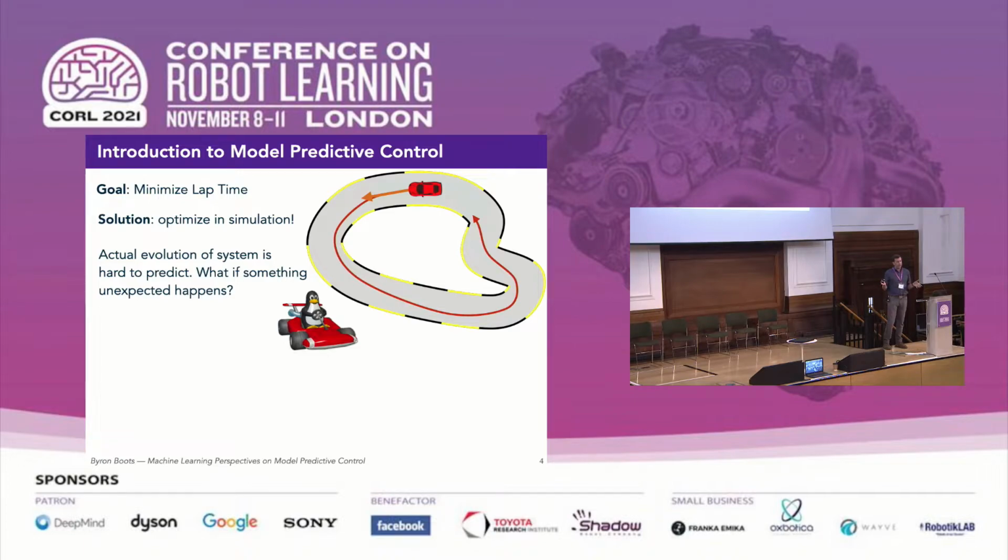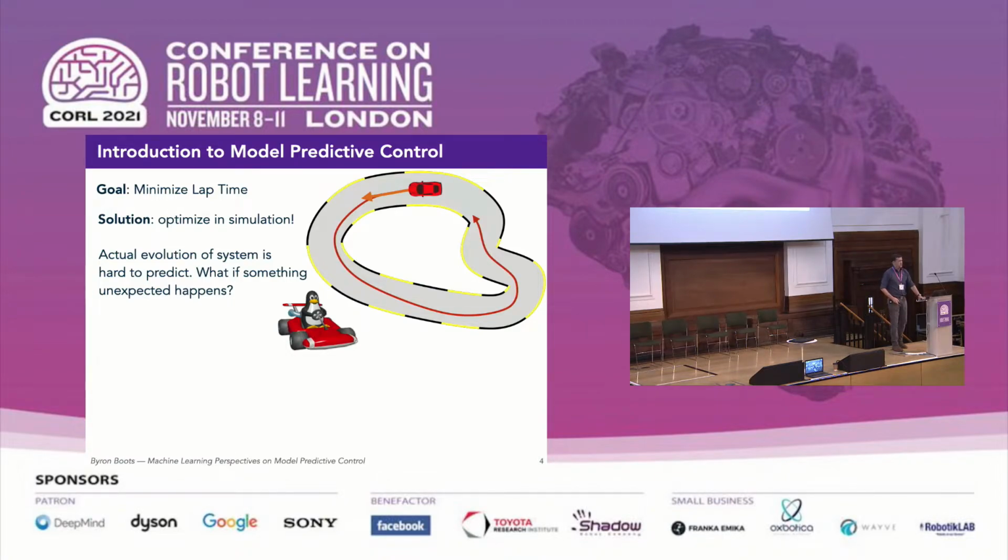Just in summary, in order to minimize lap time or do well in my task, I'm proposing to optimize in simulation and then find the plan consisting of the sequence of actions which achieves my task objectives. This seems great, but what if our simulator is imperfect? For example, let's say I execute the first action in my optimized sequence with the expectation that the car will move as indicated by the orange arrow up here on the track.